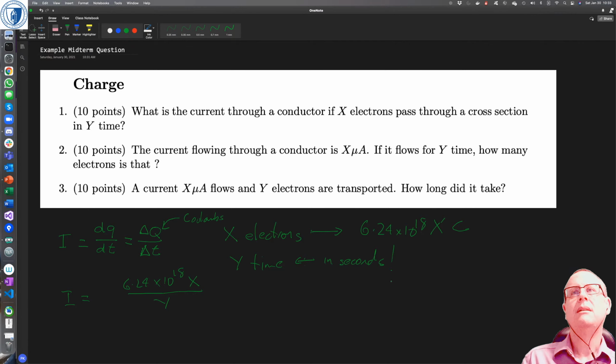And then the other two questions are similar. They're just looking at the relationships between time, current, charge in electrons, and charge in coulombs.